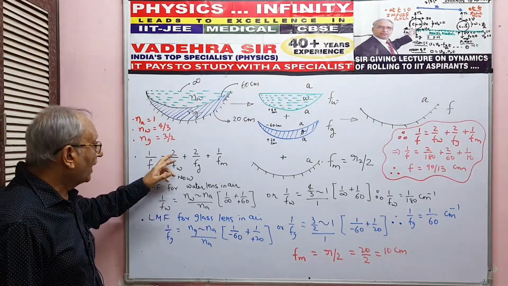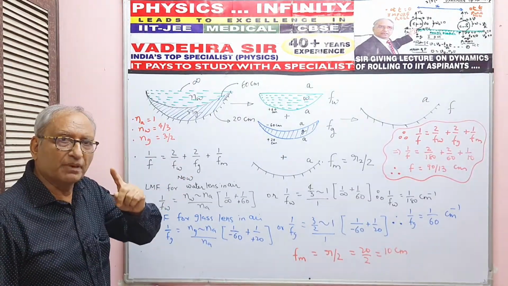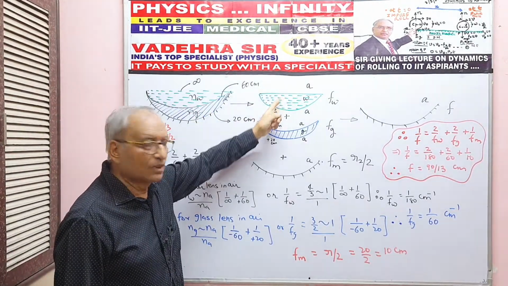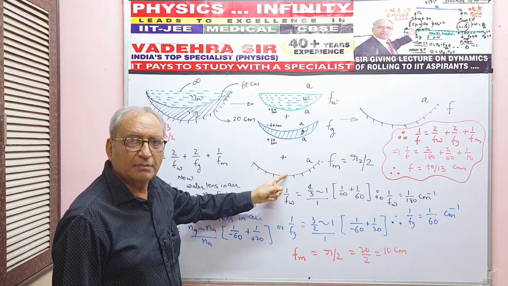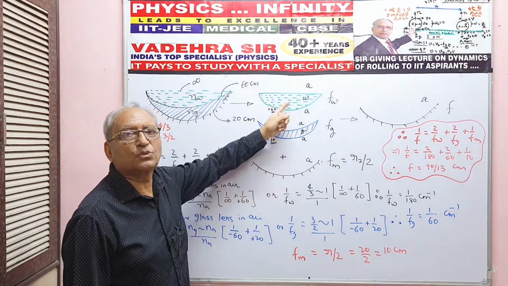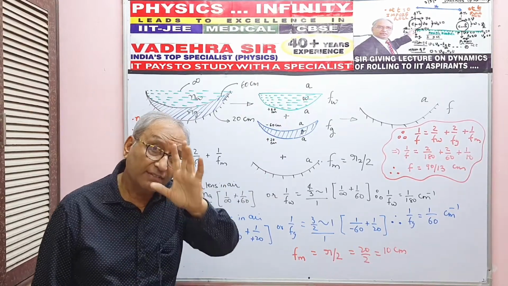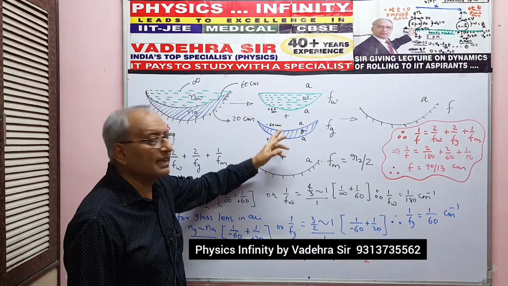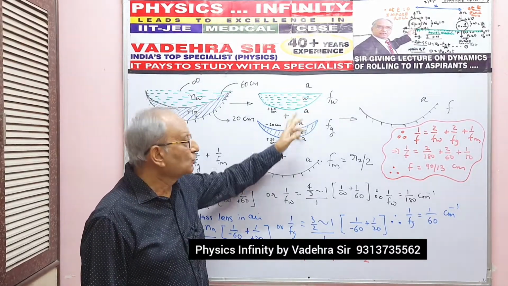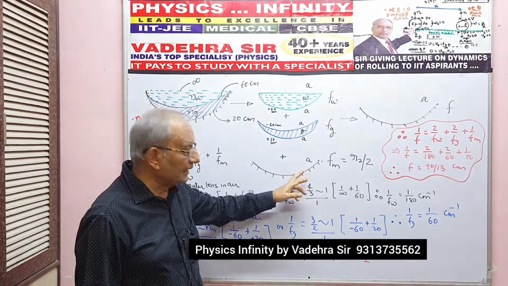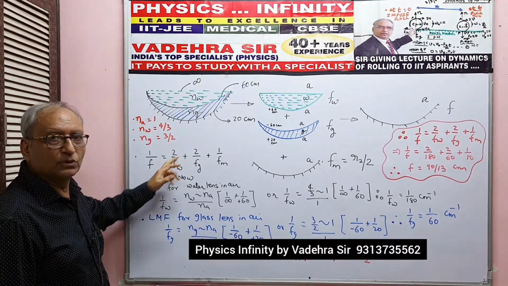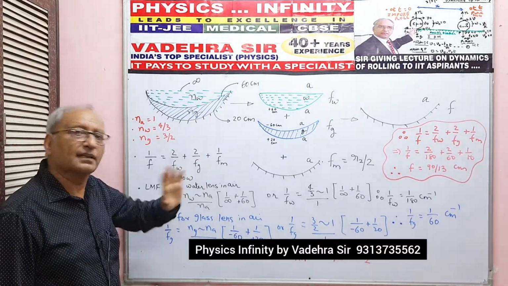Because if the ray comes from above, it will pass through the water lens to the glass lens, strike the mirror, go back through the glass lens, through the water lens, and go out. 5 events: 2 here, 2 here, and 1 here. So 1/F = 2/FW + 2/FG + 1/FM.